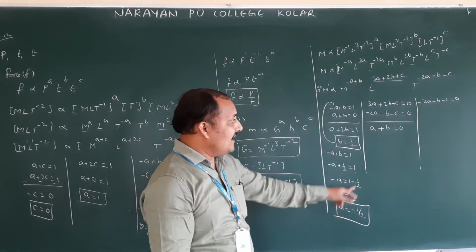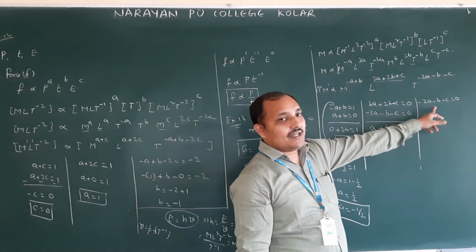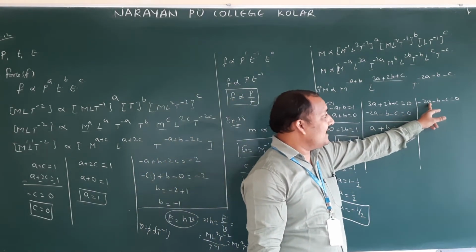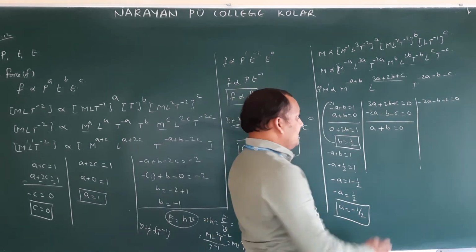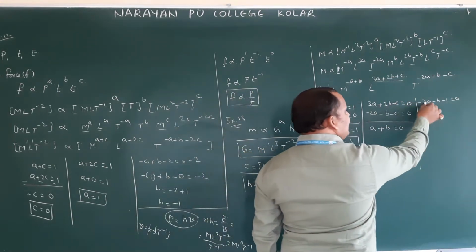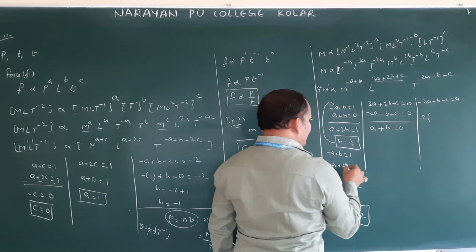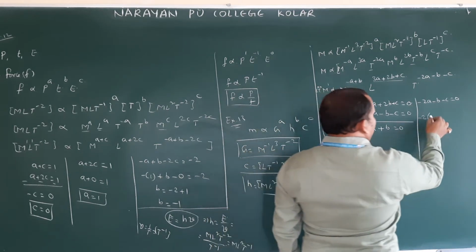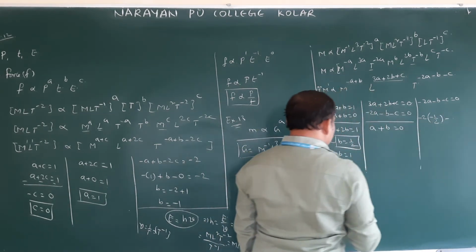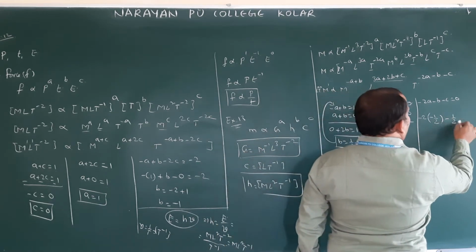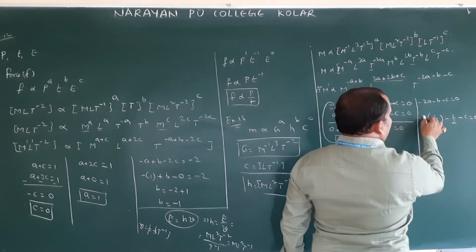Substitute this B and A in this equation or in this equation. If you substitute A and B, C you will get. Either in this or in this you can substitute, that is our equation. Minus 2 into A value, minus 1 by 2. Minus B value, 1 by 2. So this 2 will be cancelled.